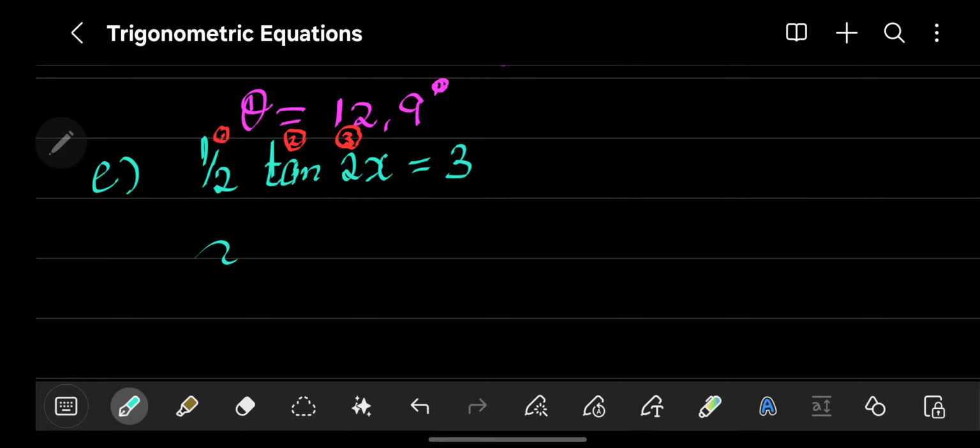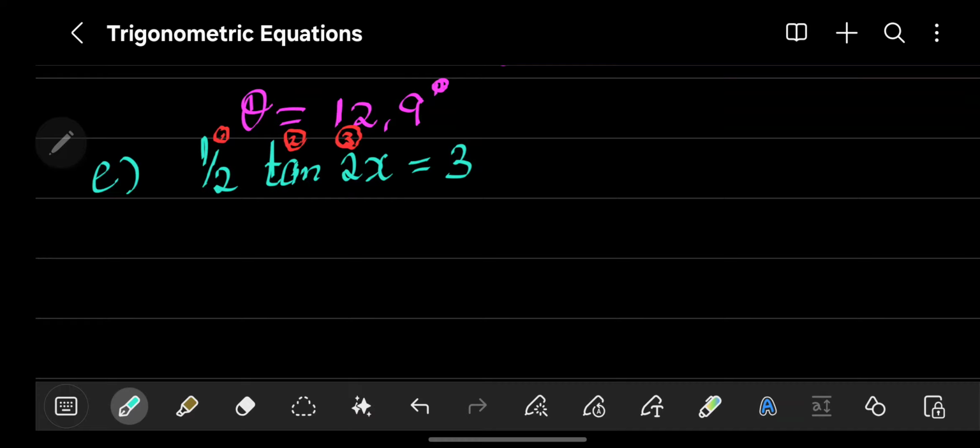How do you remove 1/2? Remember, it is not attached to tangent by plus or minus. So you divide throughout by this, or you multiply by its reciprocal. What is the reciprocal of 1/2? It is 2/1.